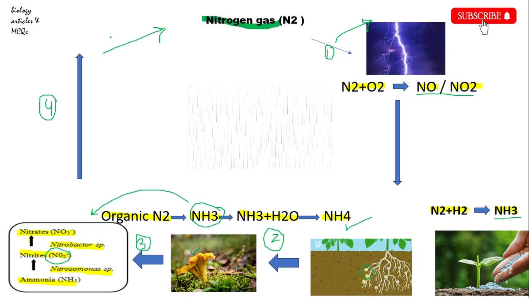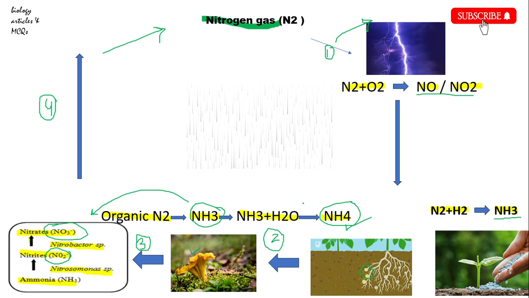So in order to compensate for this loss, one more process is there, and that is the fifth process, that is called immobilization. And guys, immobilization is a process where most of the microorganisms also need nitrogen, and when they don't get enough nitrogen from the decomposing plants, they start using the NO3, that is the nitrates that are forming here, and NH4 that are formed in this process from the soil, thus tying up the nitrogen in the soil.